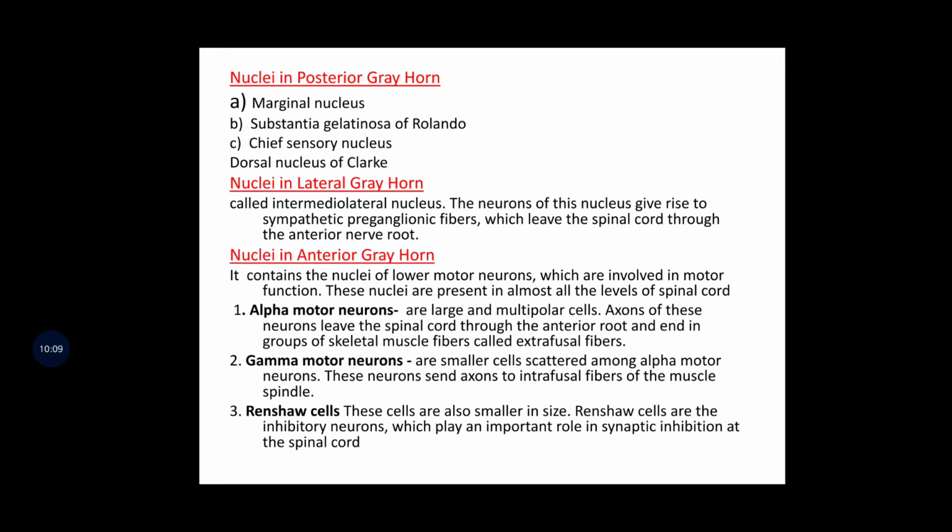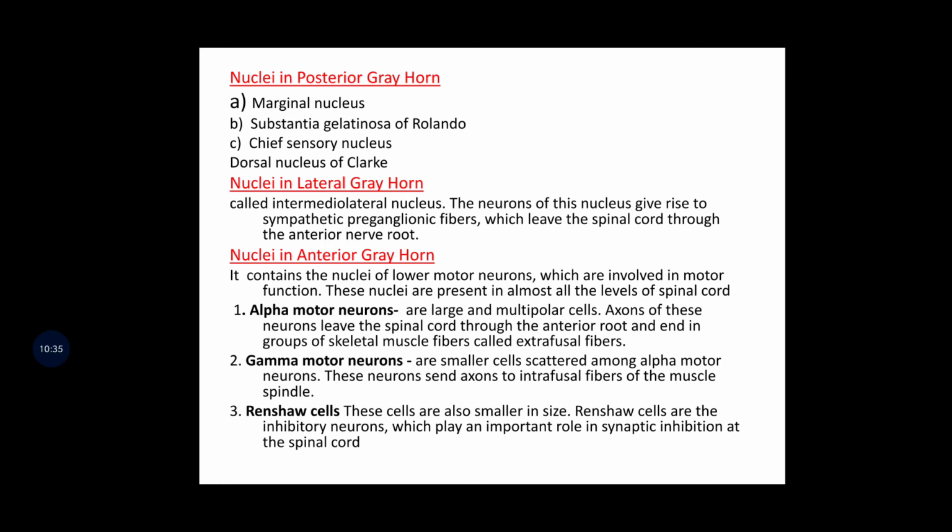and the Renshaw cells. Now, just go back to your previous lectures in the neuromuscular physiology, and you can very well relate what you mean by alpha motor neuron and gamma motor neuron. So, the alpha motor neurons supply the skeletal muscle fibers called extrafusal fibers. The axons of these neurons leave the spinal cord and supply the skeletal muscle fibers called the extrafusal fibers.